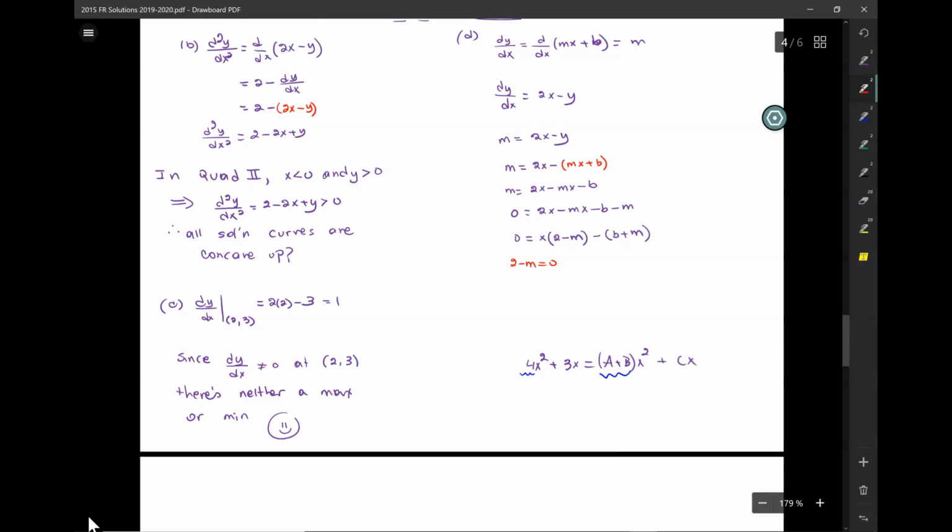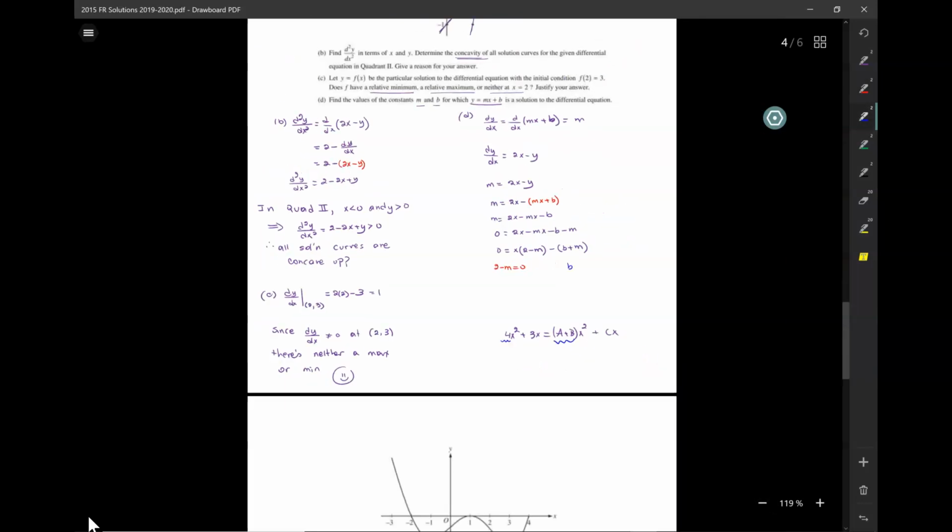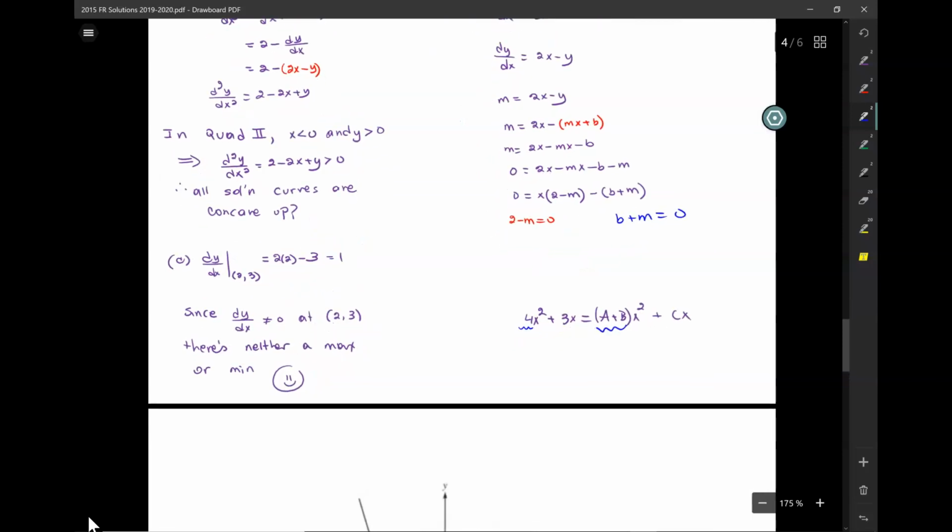And then what's the constant term on the left-hand side? 0. So b plus m is also 0. So if 2 minus m is 0, m equals 2. And then b equals negative m, so b equals negative 2.